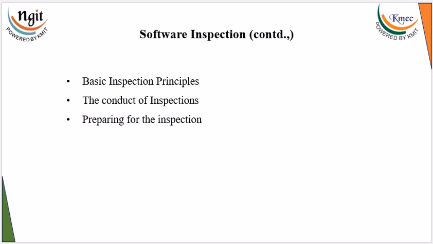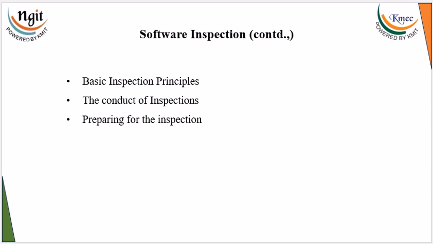Third are the reviewers. These reviewers are also called the inspectors here. People who are directly concerned with the team can be taken as these reviewers. And fourth is the recorder. This recorder is also called your scribe. He is going to record the significant inspection results. What are all the results of the inspection are recorded by the recorder.